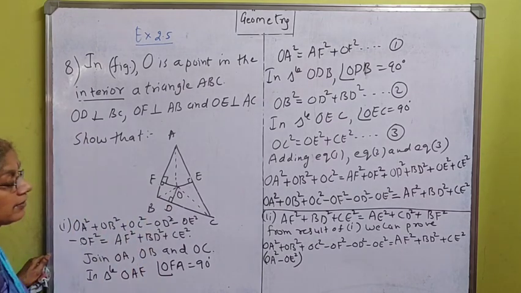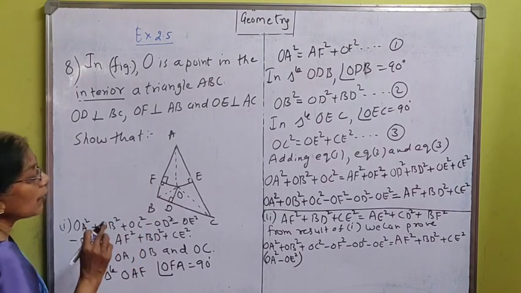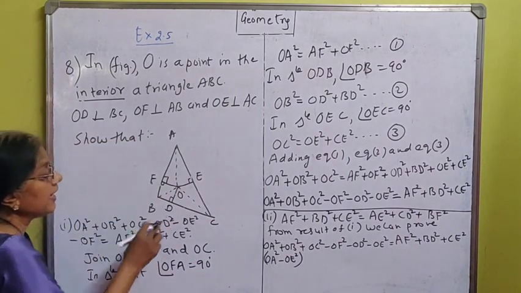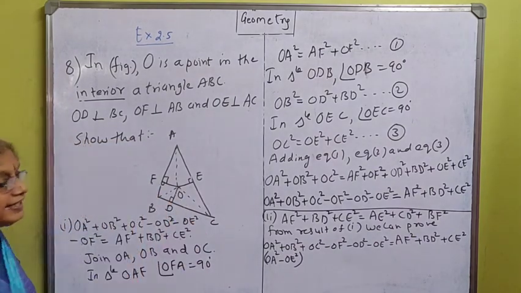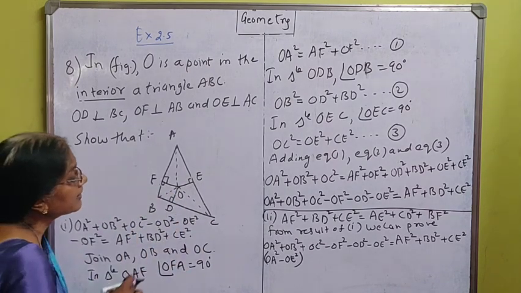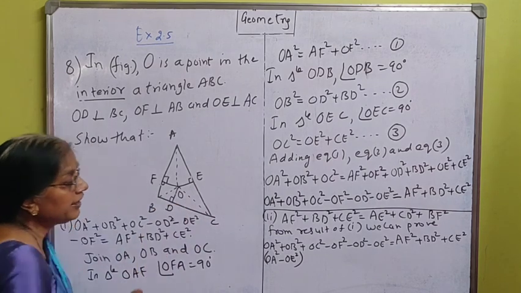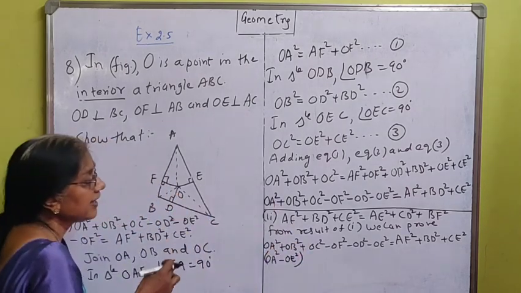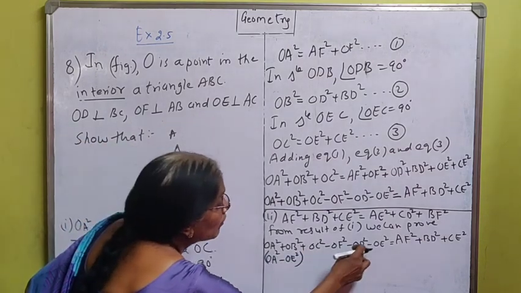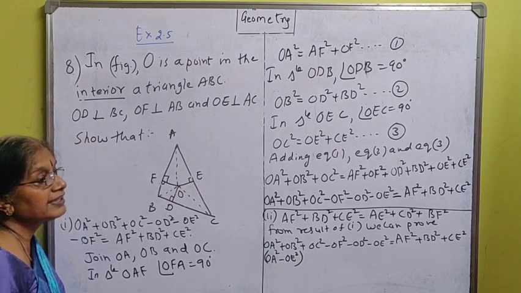Okay. Now next you see, OB square is given, and OD is there. What do we have to prove now? We want to get CD square. So OD is there, OC is there, and CD is there. Can you see this triangle, OCD triangle? In that, OD is given, CD is given, and OC is given. We have OC square here, and we have OD also. OC and OD both are there with us.